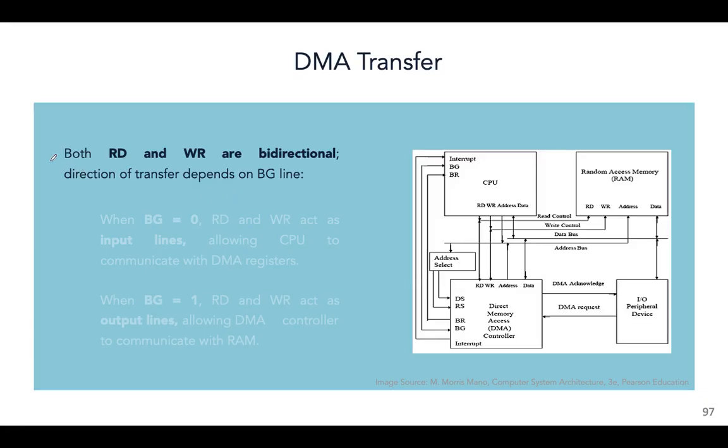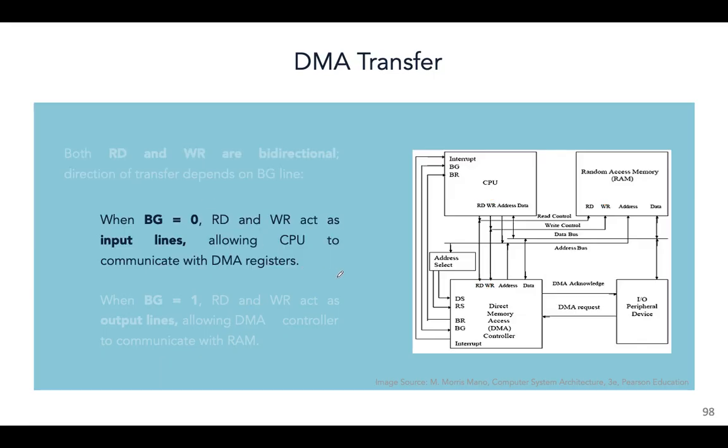See, first, both RD and WR lines in this case are bidirectional, that is read and write. Both read and write lines are bidirectional, right? Because the direction of the transfer depends on whether CPU is the bus master or the DMA controller is the bus master. So these lines have to be bidirectional. See, when BG is equal to 0, read and write act as input lines.